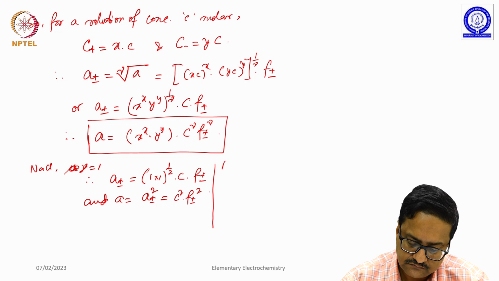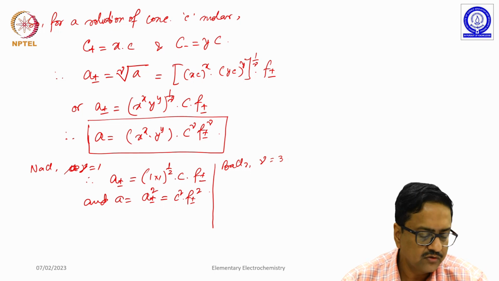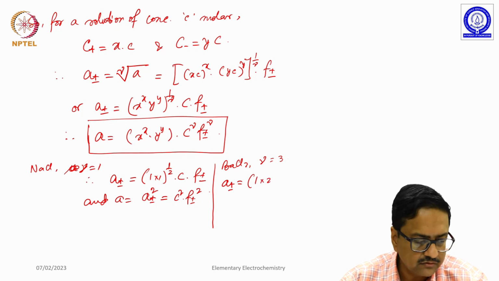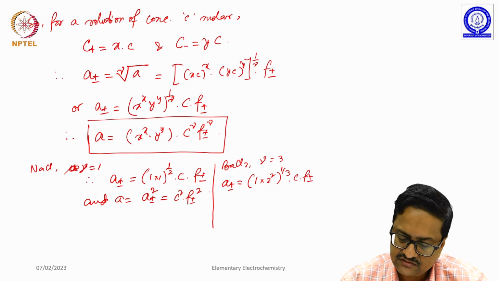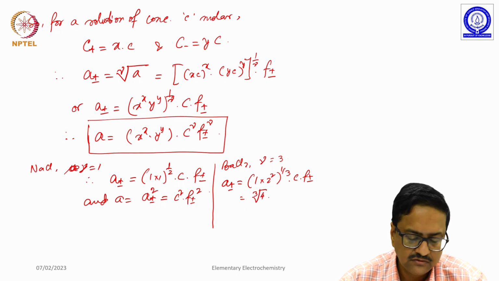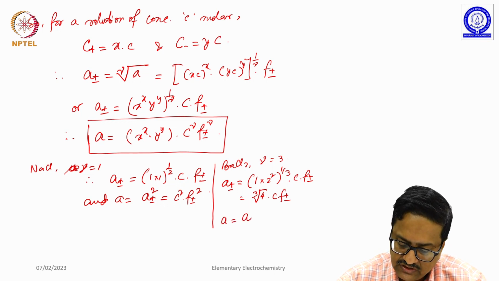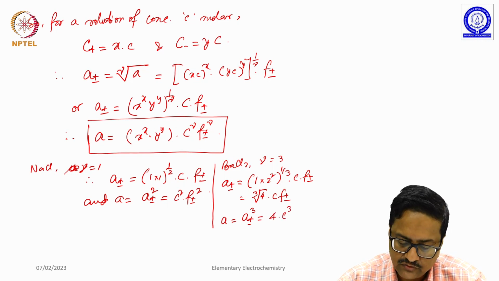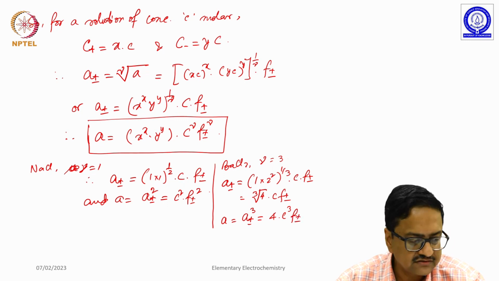Similarly, for barium chloride, nu equal to 3. So you can write a plus minus as equal to 1 into 2 square to the power 1 by 3 into c into f plus minus, which essentially means cube root of 4 into c f plus minus, and a equal to a plus minus cube, which is equal to 4 c cube f plus minus cube.